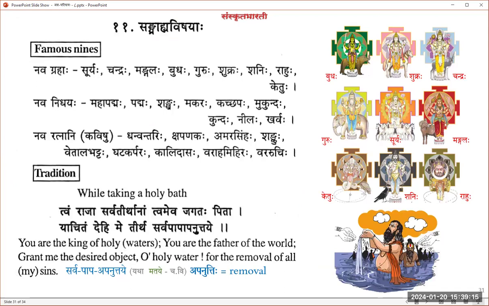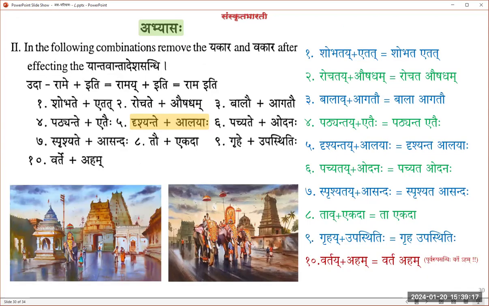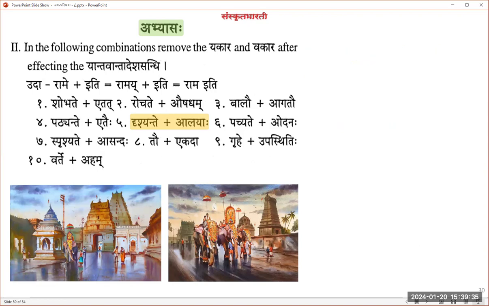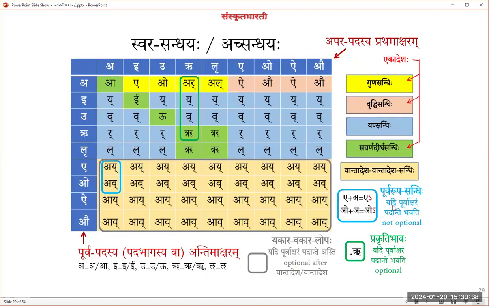Yes, sir. Excuse me, sir. So in that case, all second words which start with a become purva rupa? Not all. Only when a and o. Only when there is a and o at the end of the previous word, and it is a padanta. So in that table, just wait here. In Purva Rupa Sandhi, you see the rule. Yadi purvaksharam padante bhavati apicha tatra hrasva akara aparasmin prathamaksharamasti tatra evam, but it is not optional.